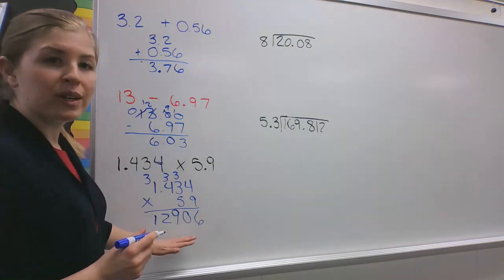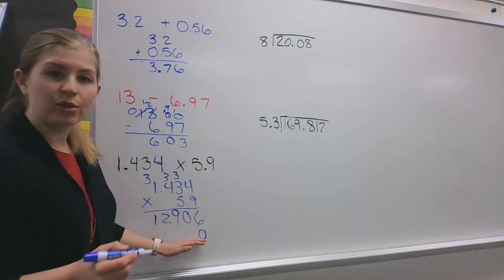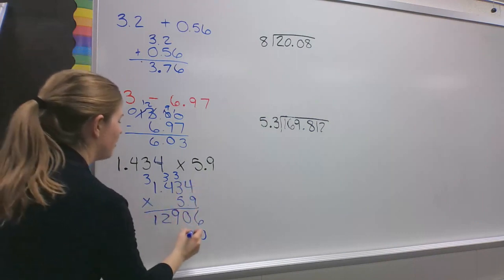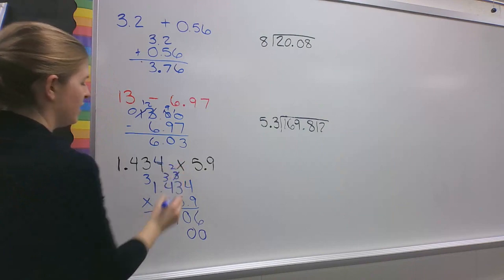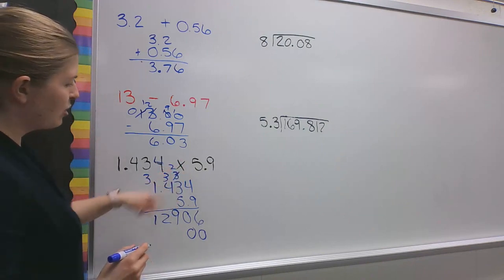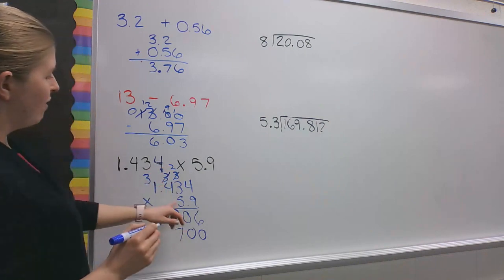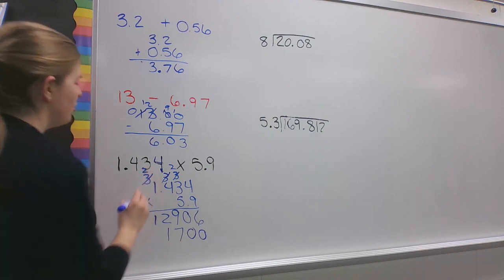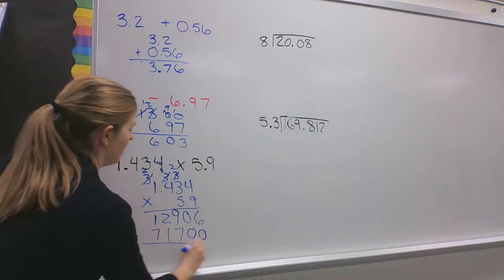And then remember, when we're doing multiple digits, we would add a 0 as a placeholder, and then start our multiplication from the tens place over. So 5 times 4 is 20, so we would carry the 2. 5 times 3 is 15, plus 2 is 17. 5 times 4 is 20, plus 1 is 21, carry the 2, and then 1 times 5 is 5, plus 2 is 7.